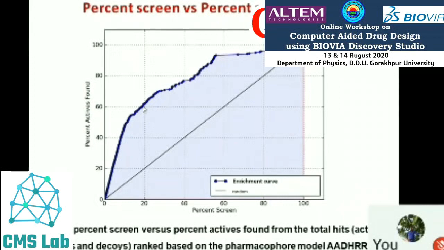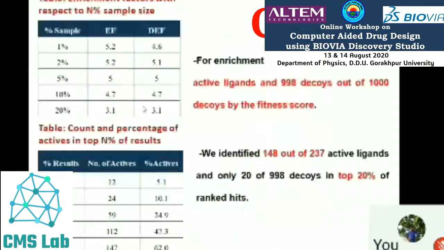In the same way, this is for ligand-based drug design. Even in the case of structure-based drug design, you need to validate further using many techniques, such as binding free energy calculations and entropy. So the percentage screened versus percentage actives found shows that this model is wonderful for screening.